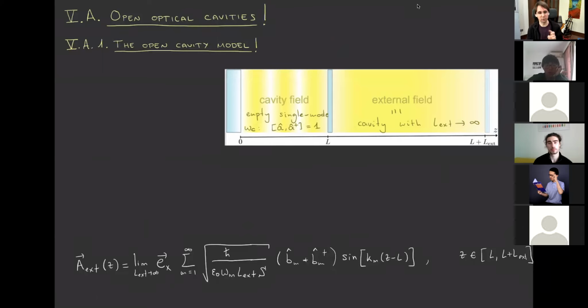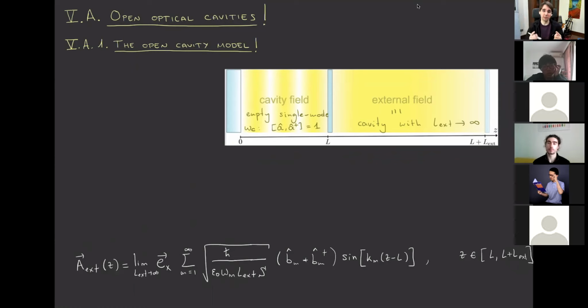But what I am going to do now is show you that this is equivalent to a continuous model that simplifies things very much. And what I mean by continuous is the following. We have these frequencies of the external cavity, and the distance between the resonances in this external cavity is proportional to 1 over the length of the cavity.